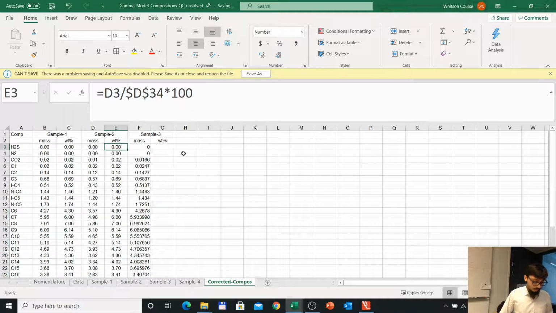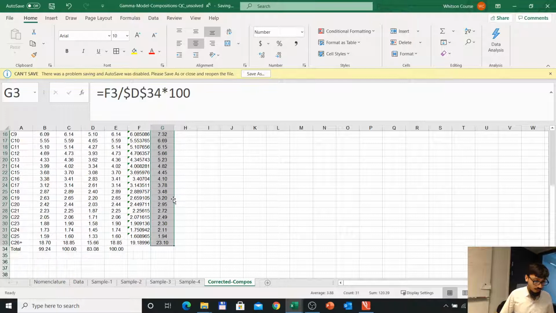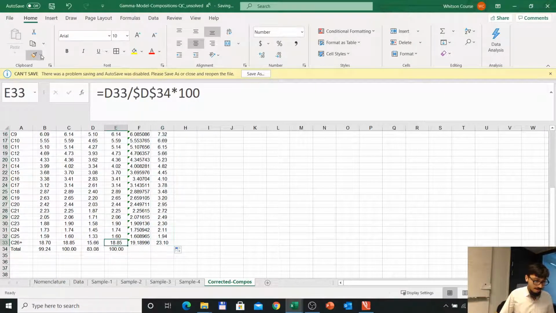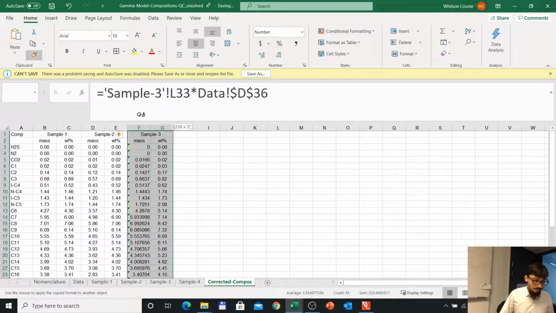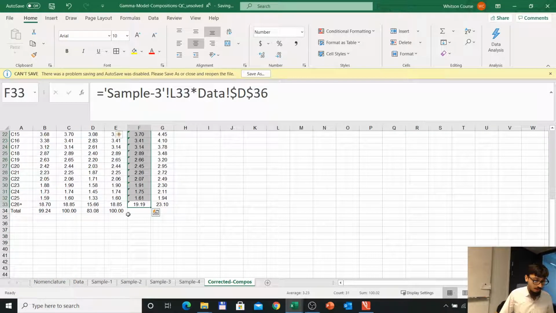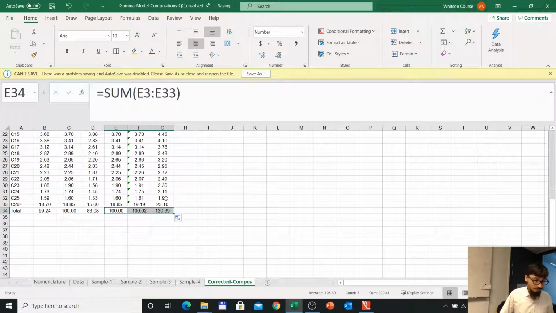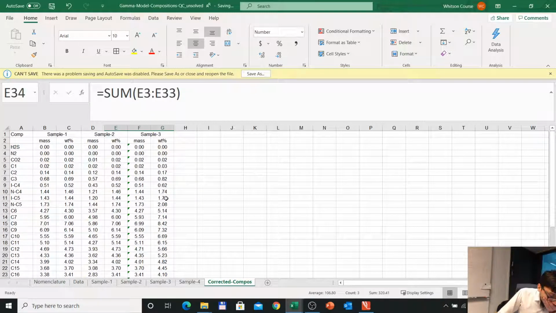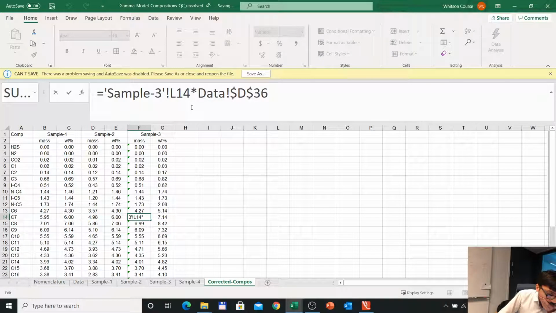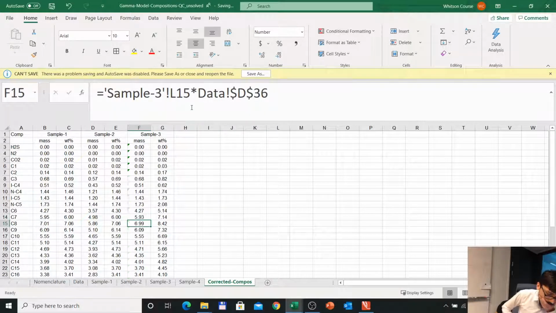Then just renormalize it to the total mass and format it a bit. Okay, let's see what we did wrong here. The C7, sample 3 L14, L14 times D36.